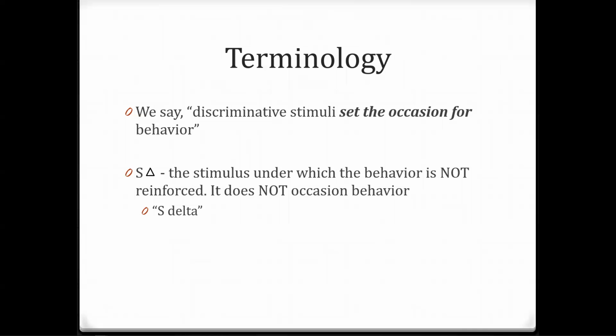Or any kind of stimulus that indicates that reinforcement is not going to be available, like the oven being turned off or someone showing an angry face when you ask them about dinner. All of those kinds of things are going to be like discriminative stimuli, but instead of indicating that reinforcement is going to be likely, they're indicating that reinforcement is going to be less likely.